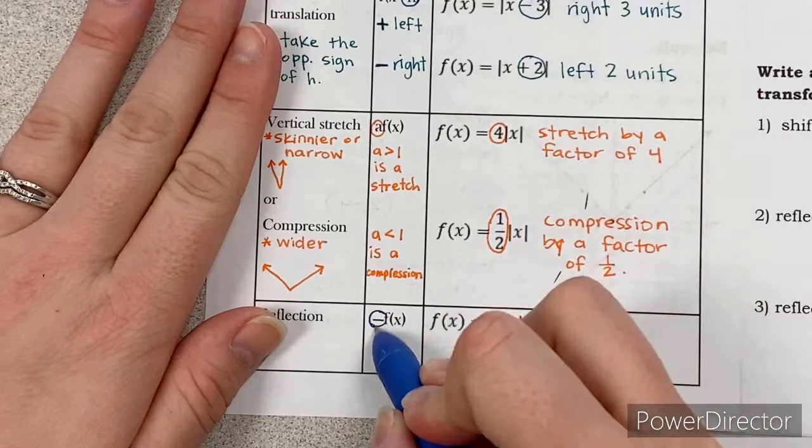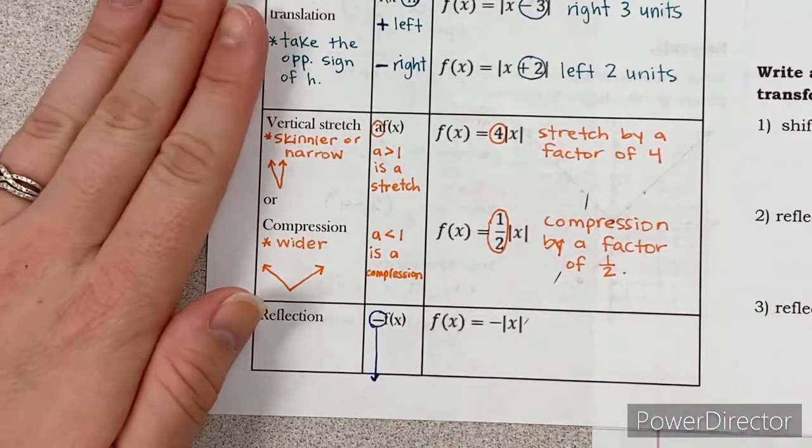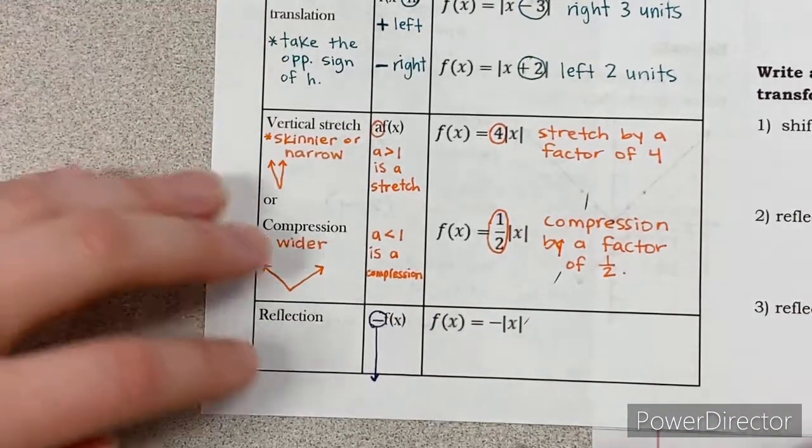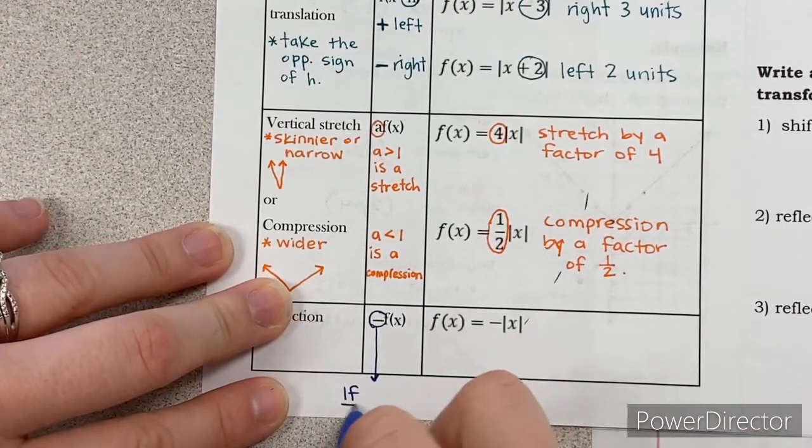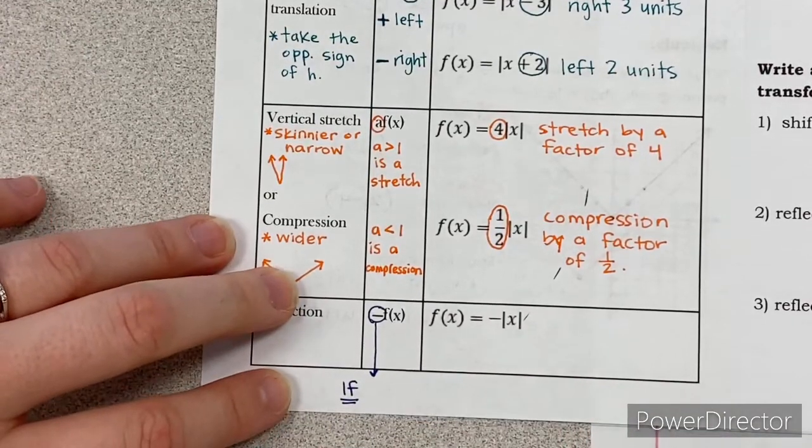So I'm going to make a little note. We got to come down here because that box isn't big enough. If there is a negative, and if is the important word, so underline that.